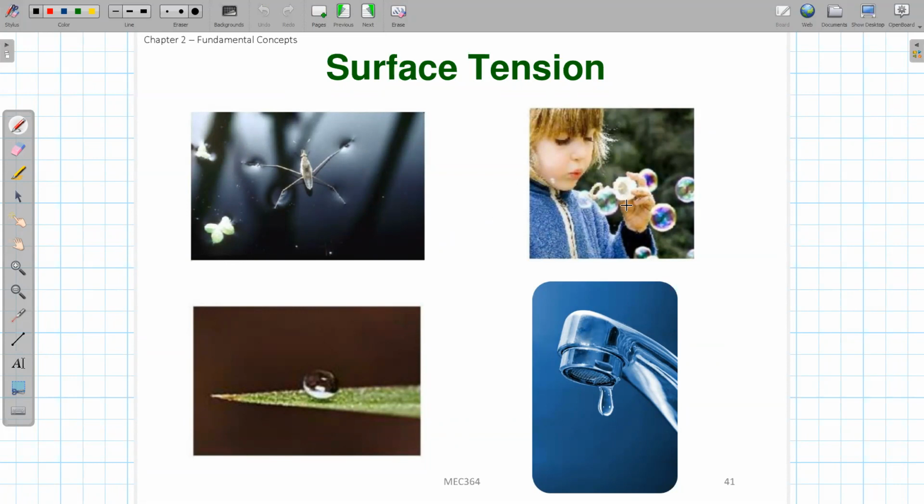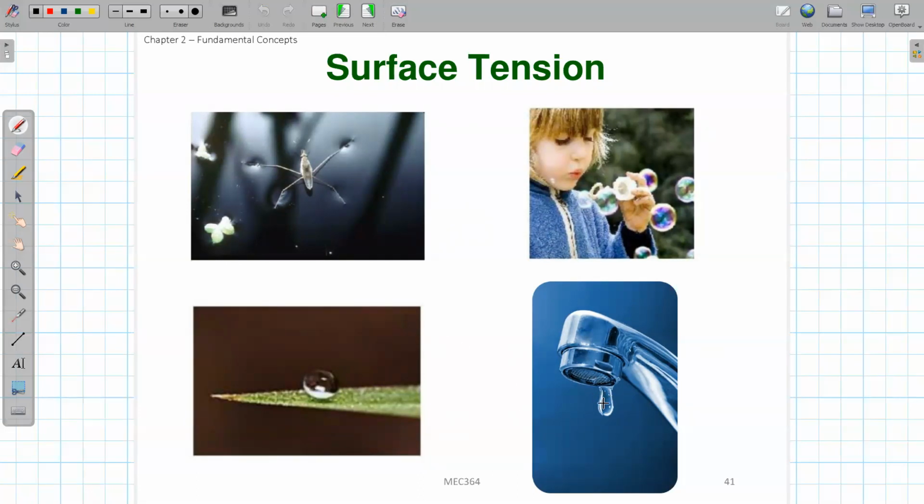Why is this bubble a sphere? Why is it not another shape? Why can't it be a square or a triangle? Also, if you have dew on a leaf, why can the dew form a drop with a spherical shape?